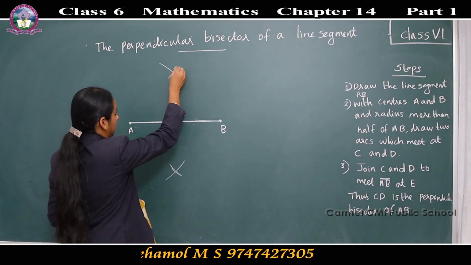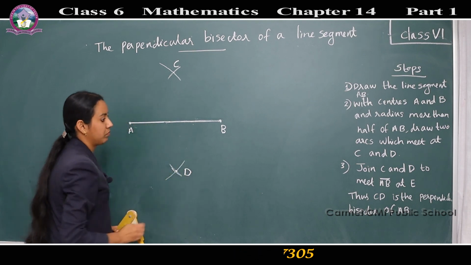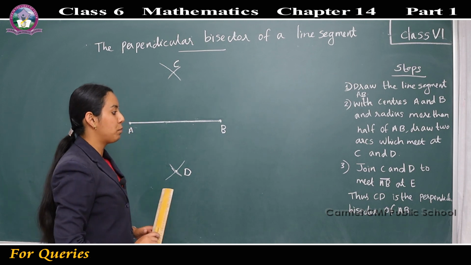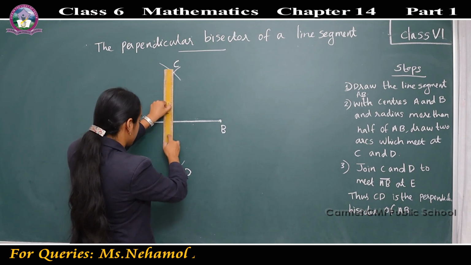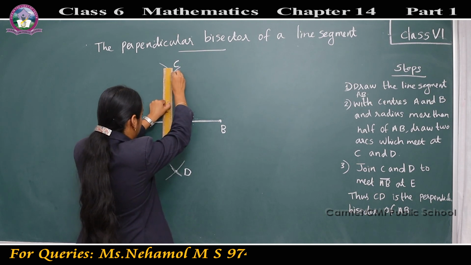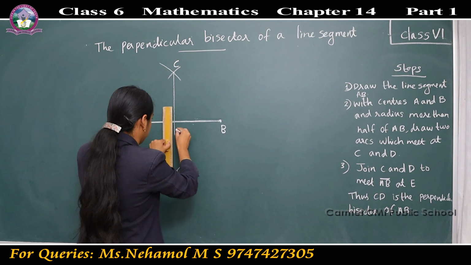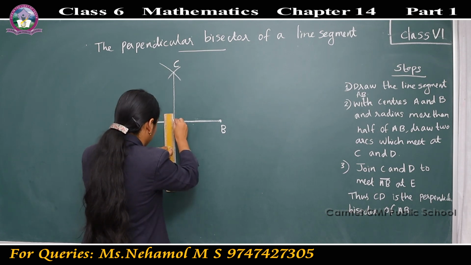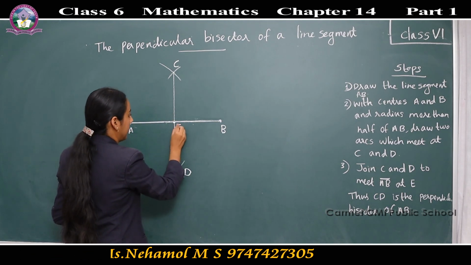Let this point be C and this point D. Now join C and D to meet AB at E. Now we have to join C and D. And let this point be E.